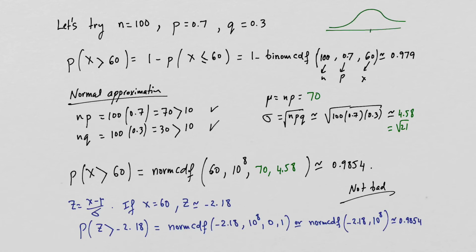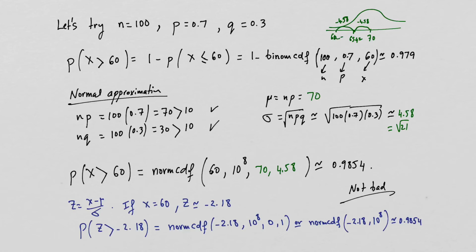If this is 70, and the standard deviation is 4.58, so if I take one standard deviation, I get something around 65.42. If I take another standard deviation, I get 60 point some change.